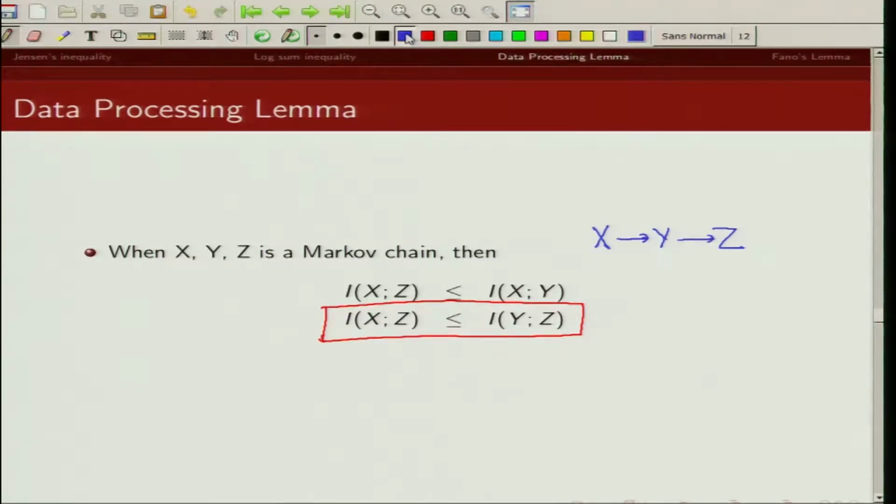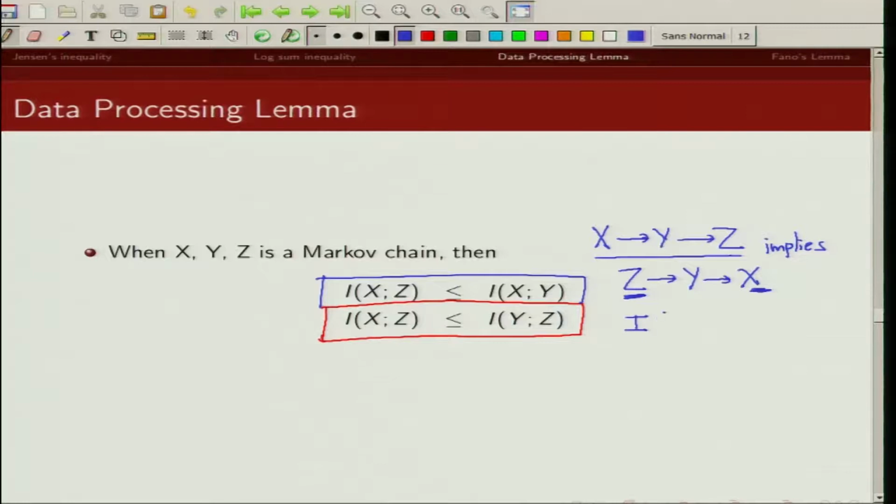Now, how do I prove the other result? If you see closely, if I can show that if x, y and z form a Markov chain, then z, y and x also form a Markov chain, then I can use the previous derivation to show that mutual information between x and z will be less than mutual information between x and y.